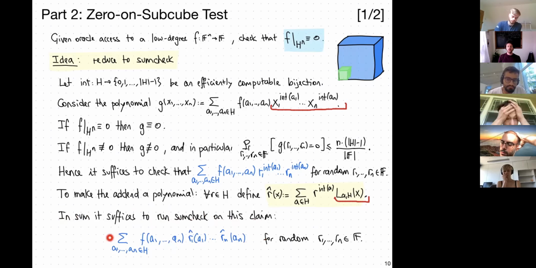We run it on this low degree polynomial, which is exactly like the G polynomial, but these things are also polynomials. We want to run sum check, and for that we need to query it at one random point, which would be the R values. So that's the whole strategy.